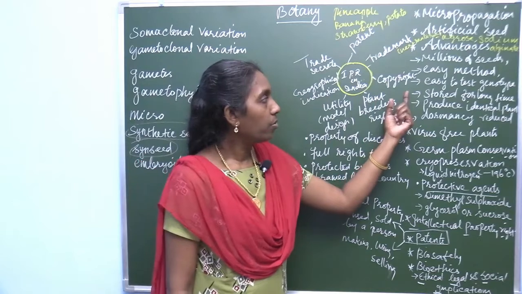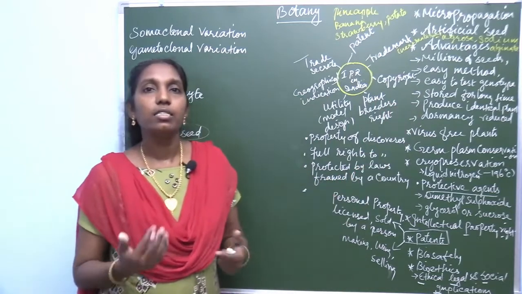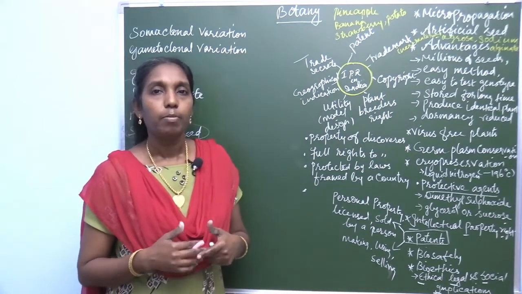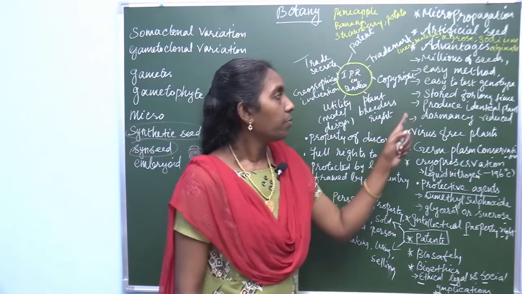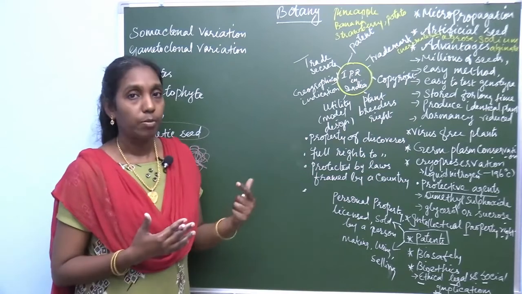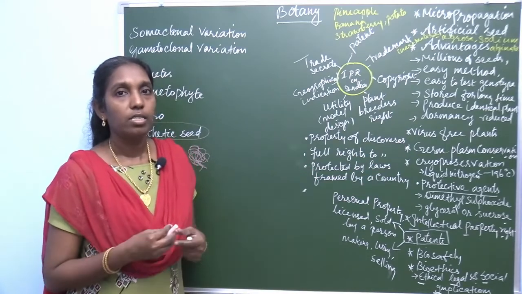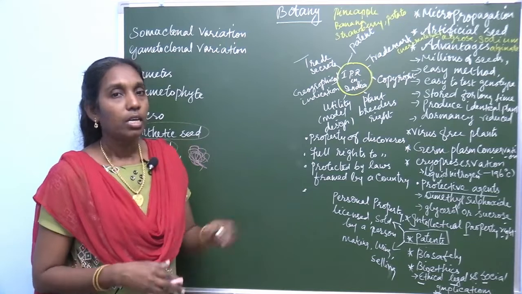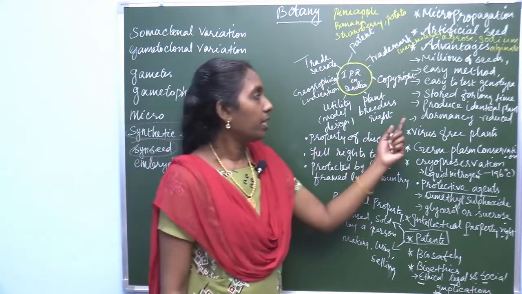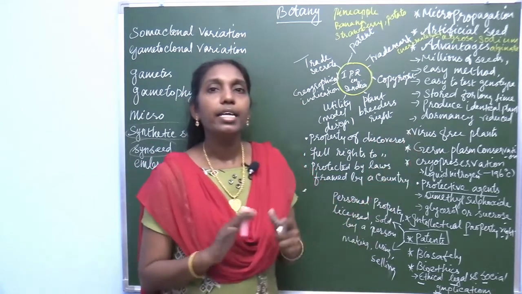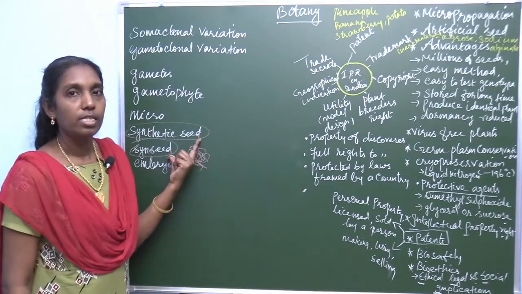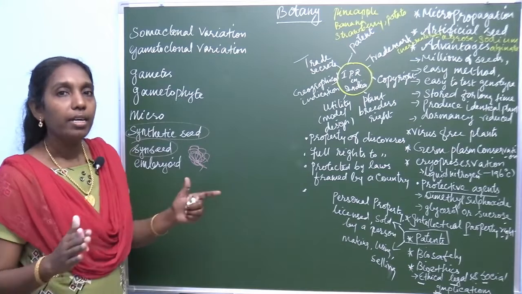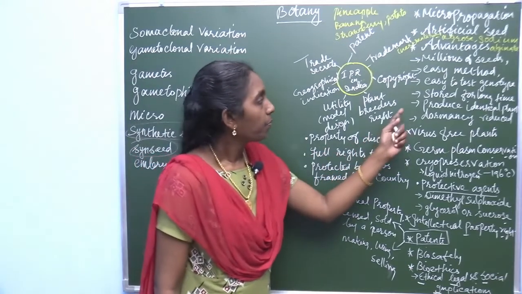The genotype of the plantlet can be very easily tested by this method. It can be stored for a very long period, which a normal seed cannot, and it produces identical plants.